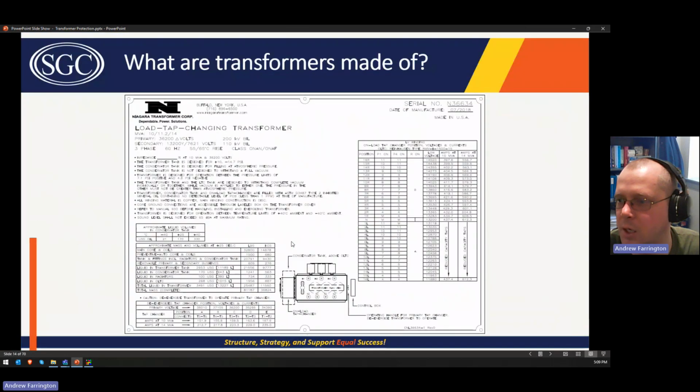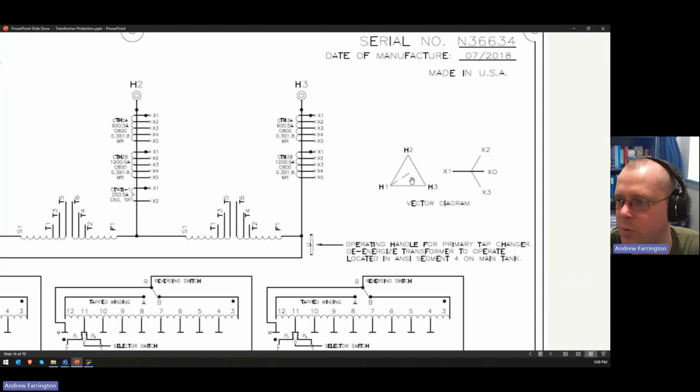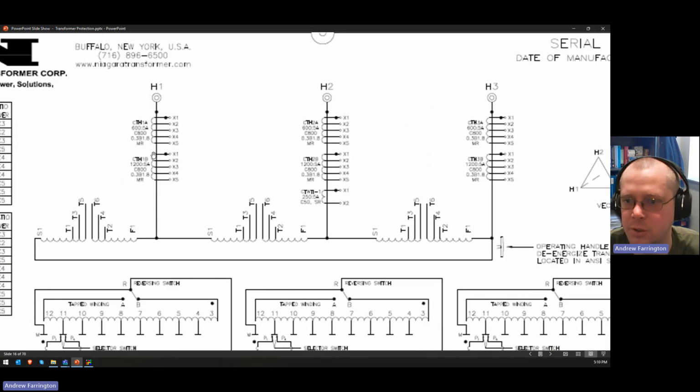So you can actually tell back in that nameplate drawing that we had, this one here, that this is a DY1 transformer without even looking at the vector diagram. The way we can tell that is the H1 bushing, right? This is the polarity of A, okay? That would be connected, here's the F1 winding or whatever, that would be connected to the non-polarity of H2, right?